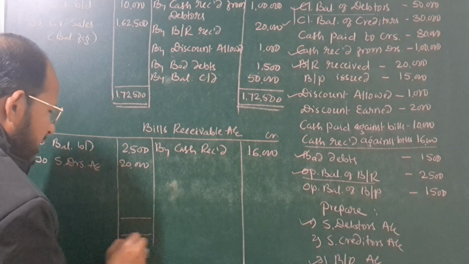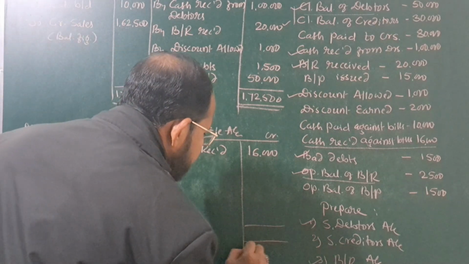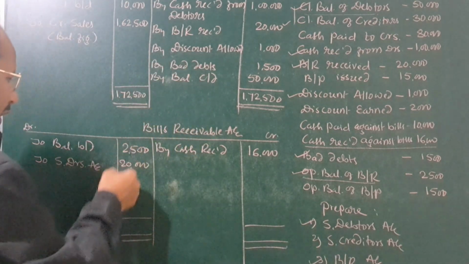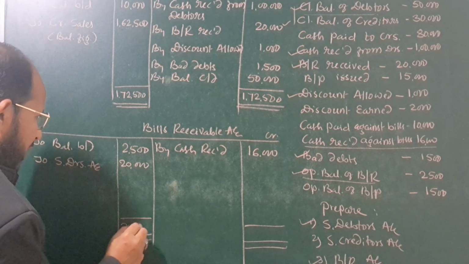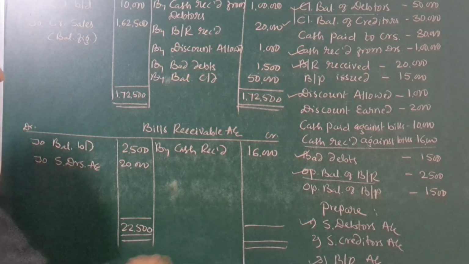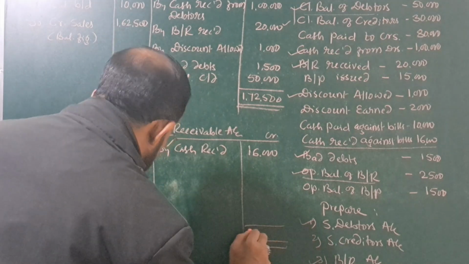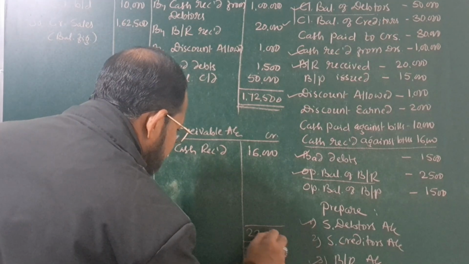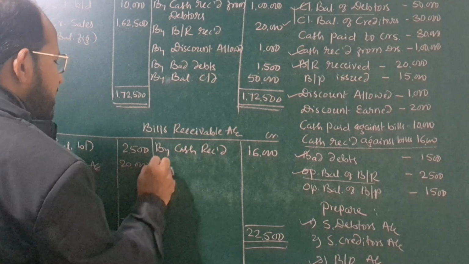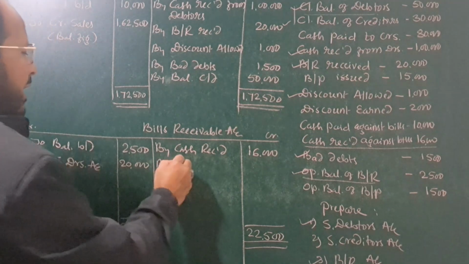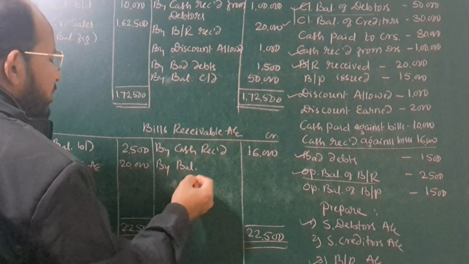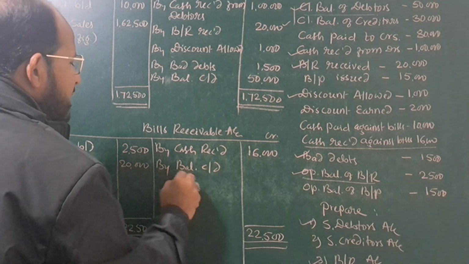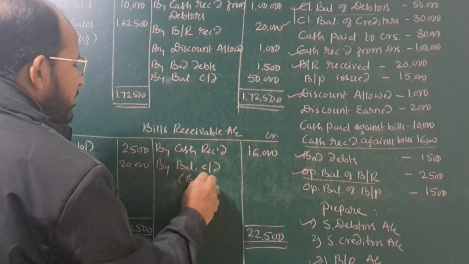Now this account is to be balanced. See, total bills were there worth rupees 22,500. During the current year, we collected rupees 16,000 and the remaining should be shown as closing balance of bills receivables. This is the balancing figure which we found out.